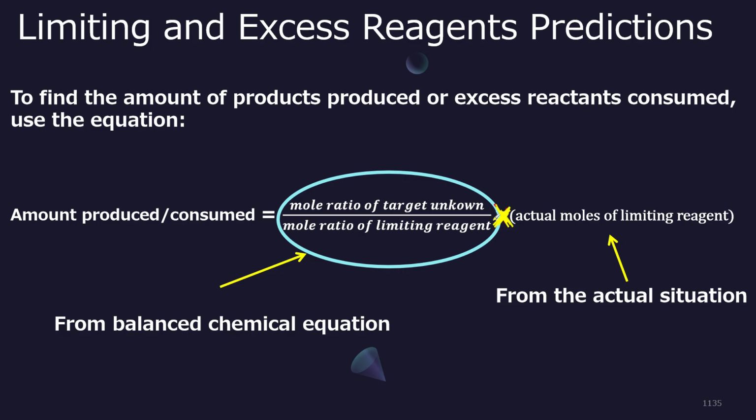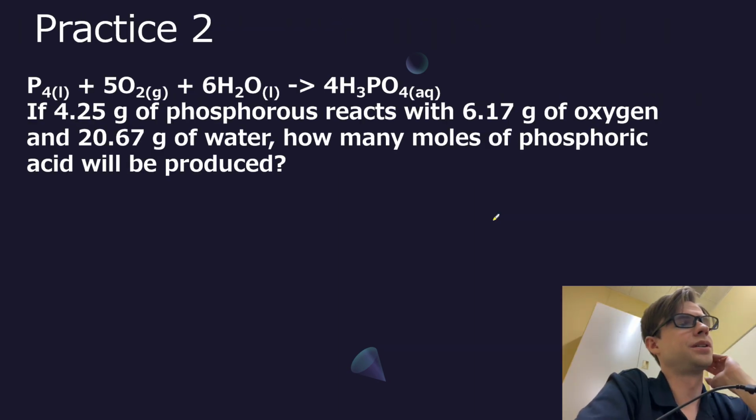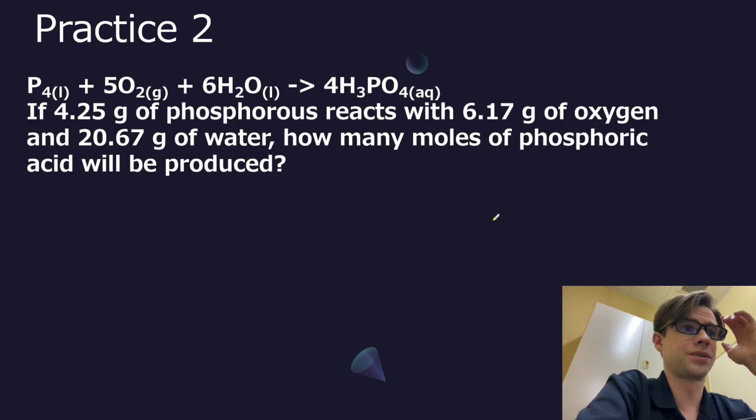All right, so maybe we can see that in practice. Let's try this. P4 phosphorus liquid plus 5O2 gas plus 6H2O liquid goes to 4H3PO4, phosphoric acid made from phosphorus, oxygen, and water. Okay, if 4.25 grams of phosphorus reacts with 6.1 grams of oxygen and 20.67 grams of water, how many moles of phosphoric acid will be produced?